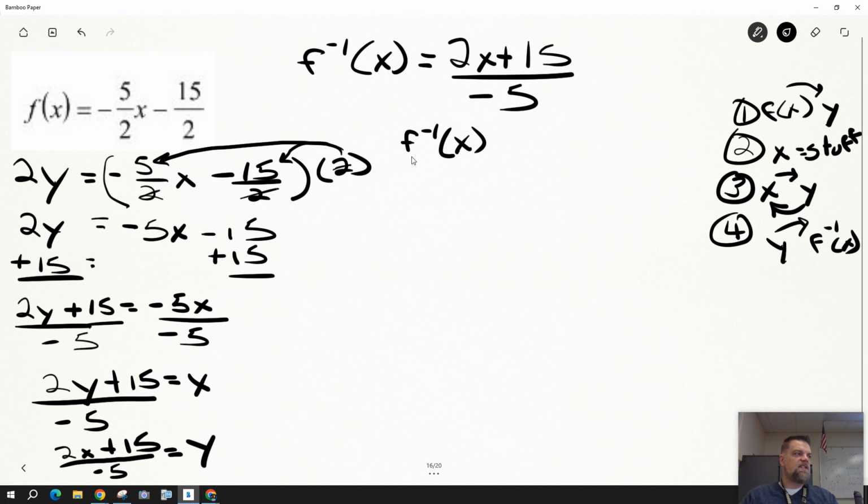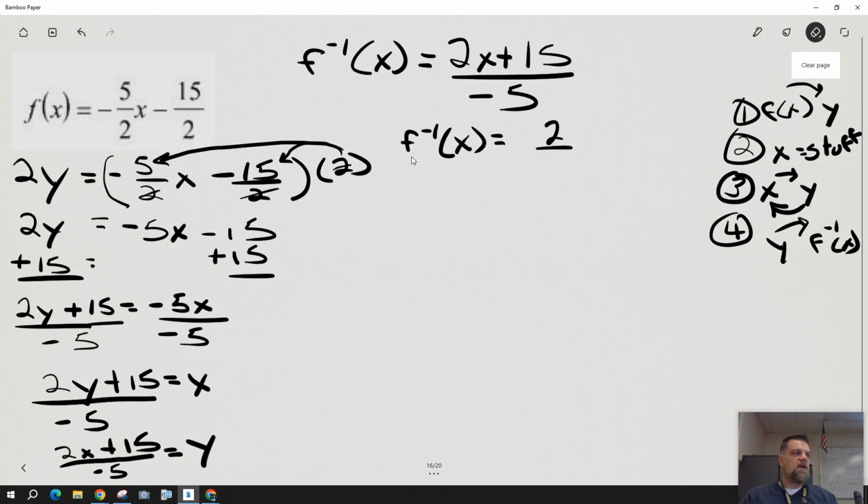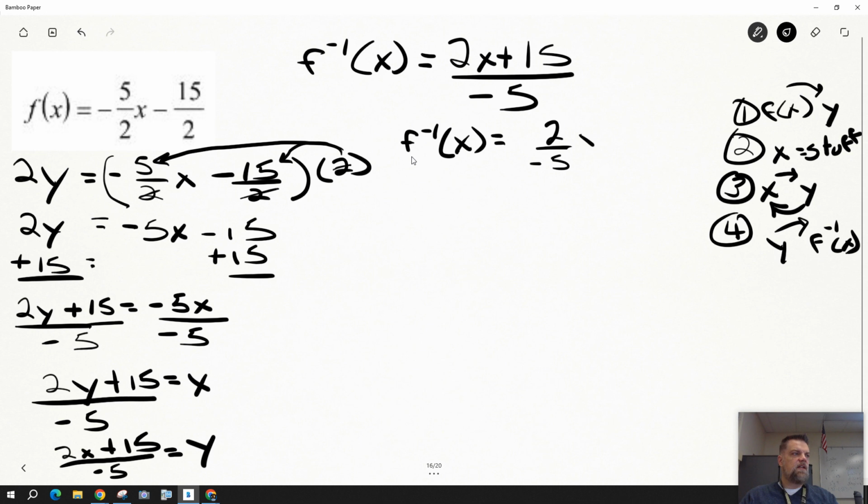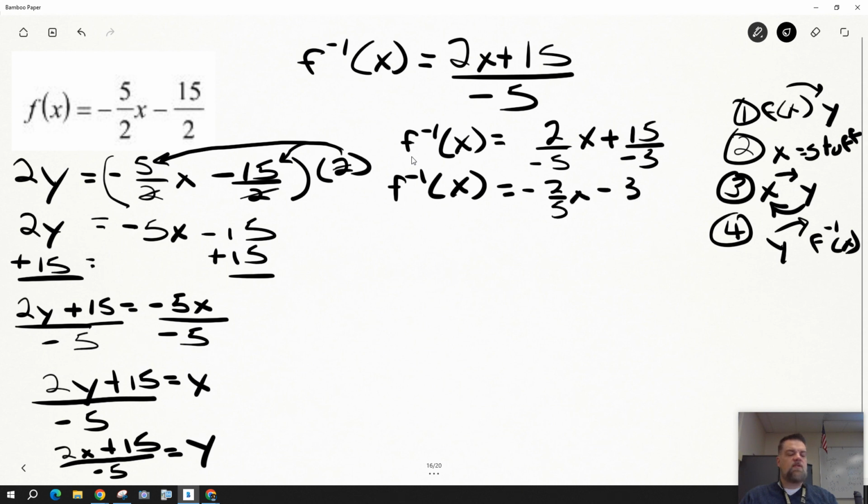They split up the denominator: 2 divided by negative 5 times x, and then plus 15 divided by negative 5. So in the next line, you get f inverse of x is equal to negative 2 over 5 x minus 3.